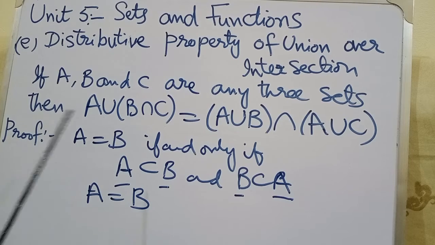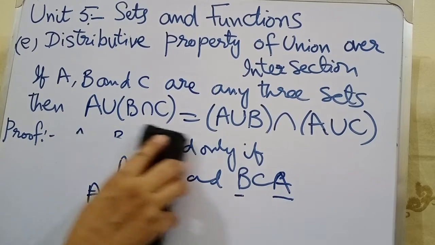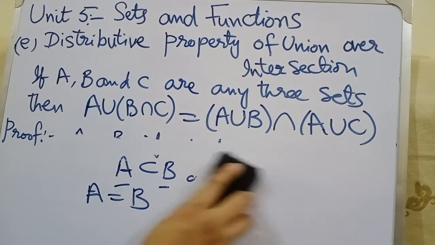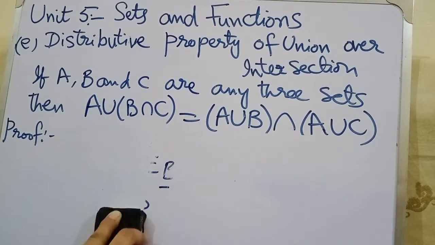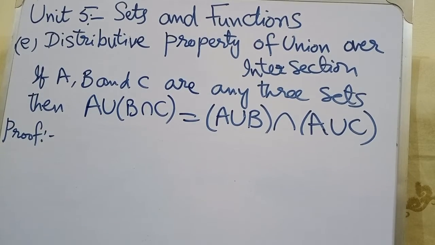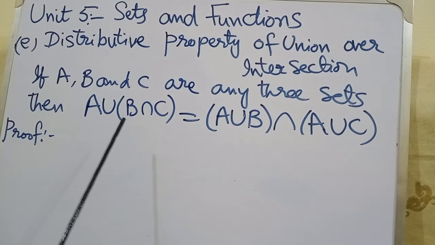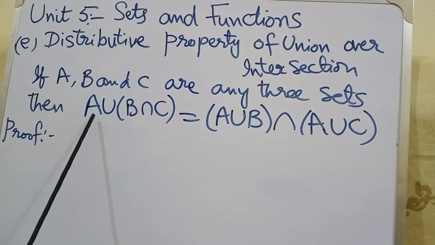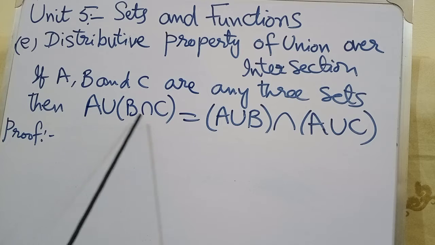So we take an arbitrary element of this set. We observe that union and intersection make another set containing elements of A, B and C. This is a union of two sets.